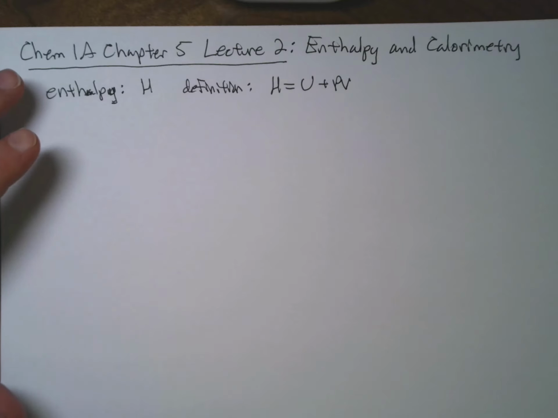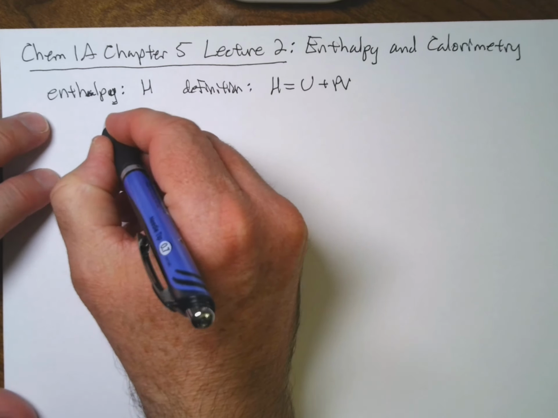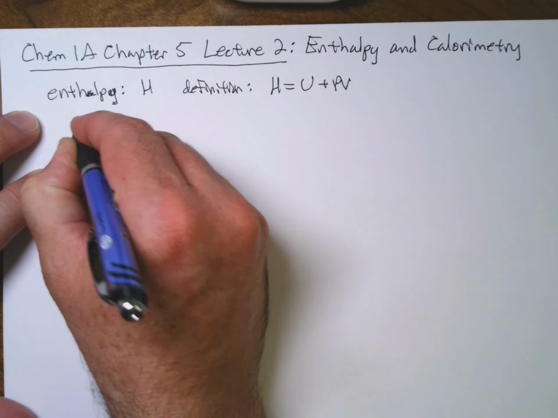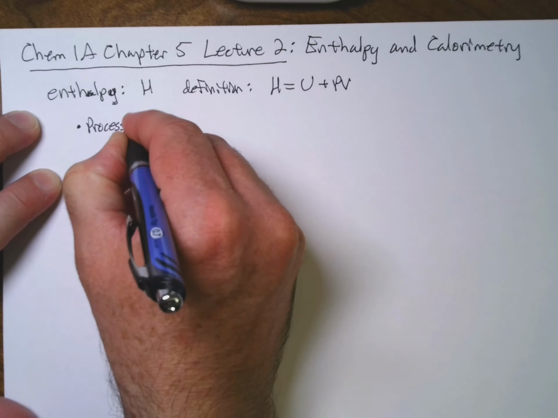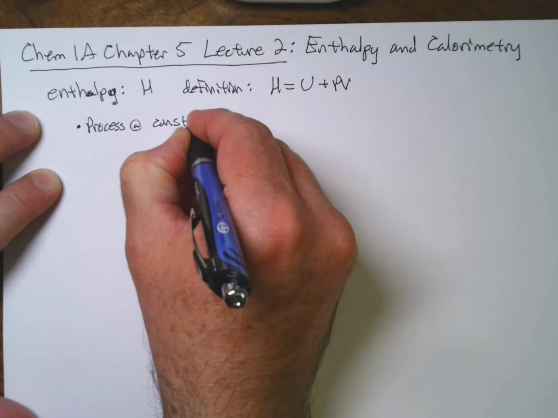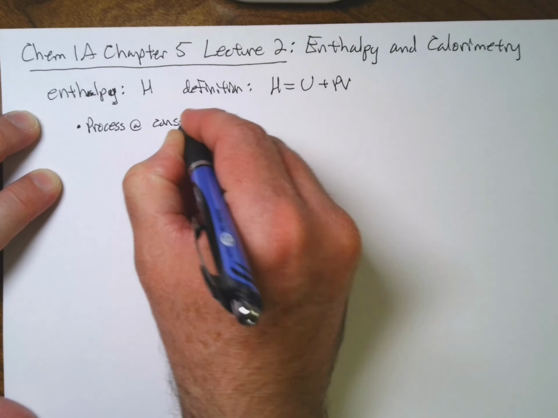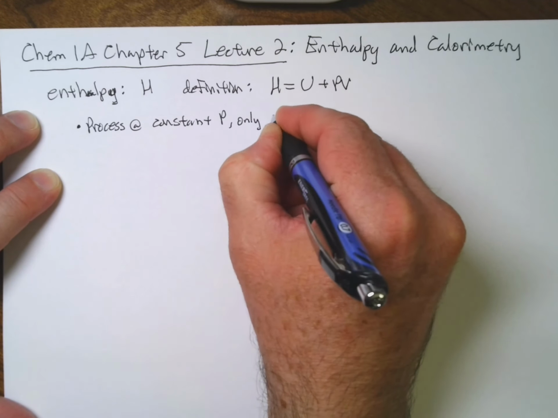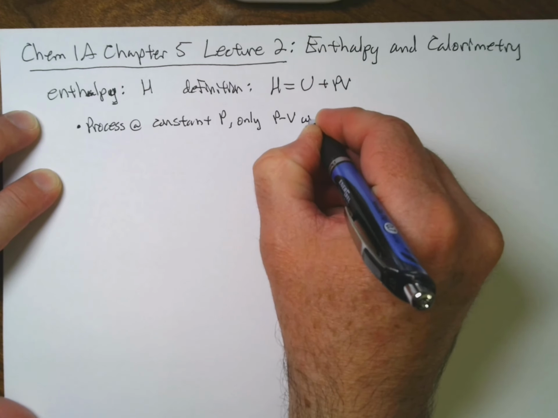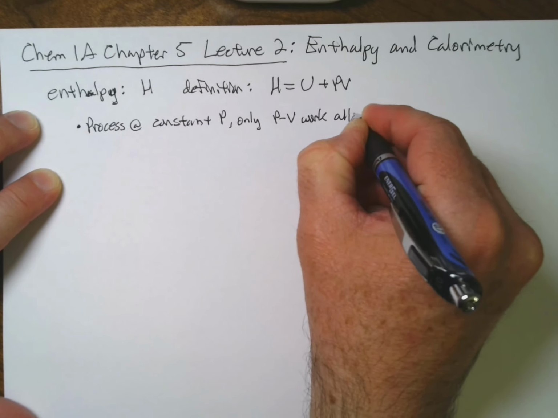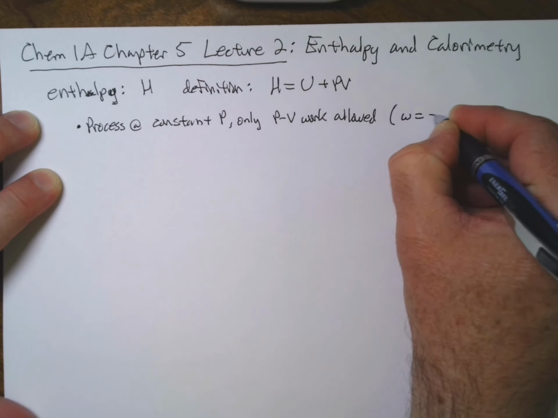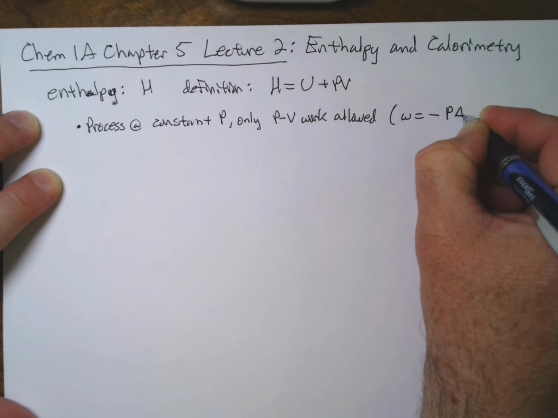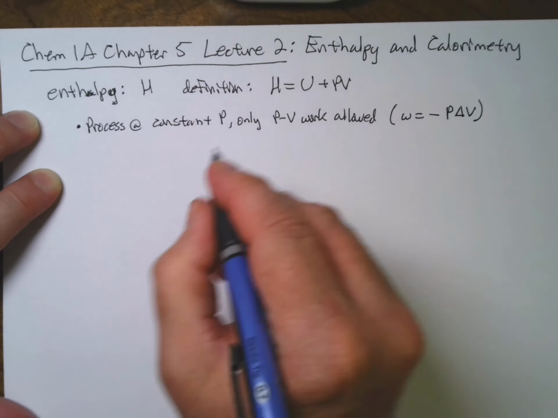So, a process at constant pressure, only PV work allowed. That means our work equals minus P delta V from last time.